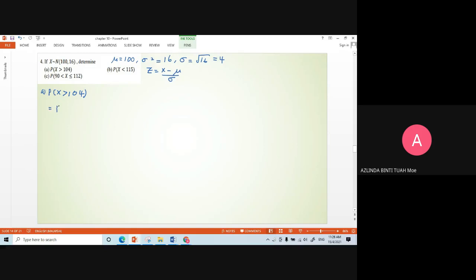Meaning that X terus pergi Z. Simbol, ambil simbol yang sama, doesn't change. So 104 minus mean over 4. So what is the value here? Is it 1.00, 2 decimal places? Okay, now everyone look at your table, normal table.